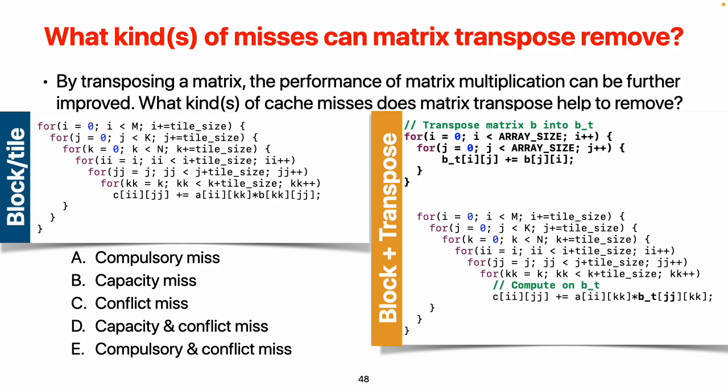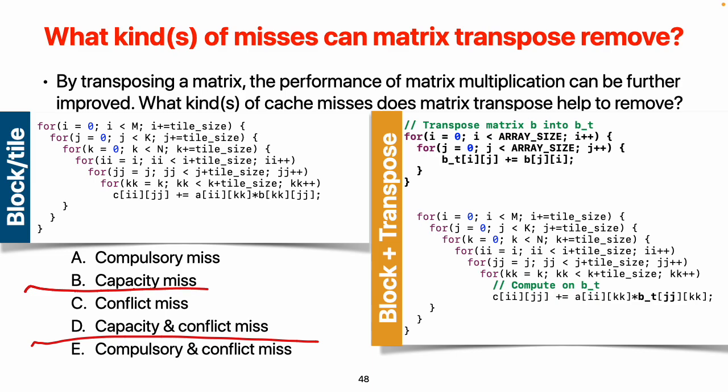So if we don't change the tile size, we simply change the layout. Are we going to change the working set size? No. And also, are we going to suffer from capacity misses? No. Right? So capacity misses should not be in the picture.